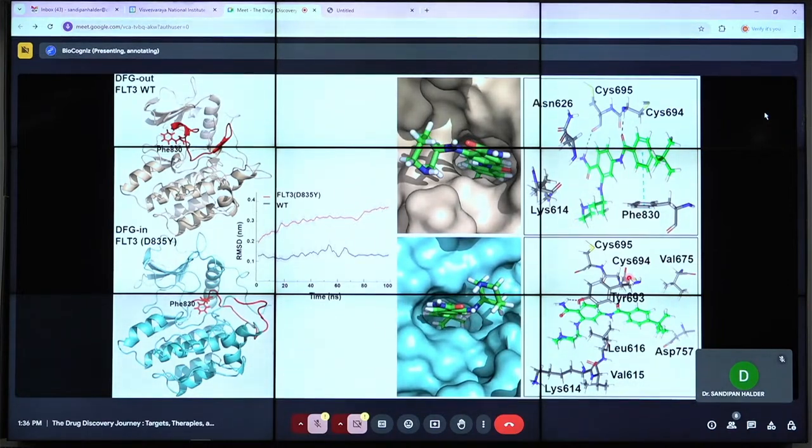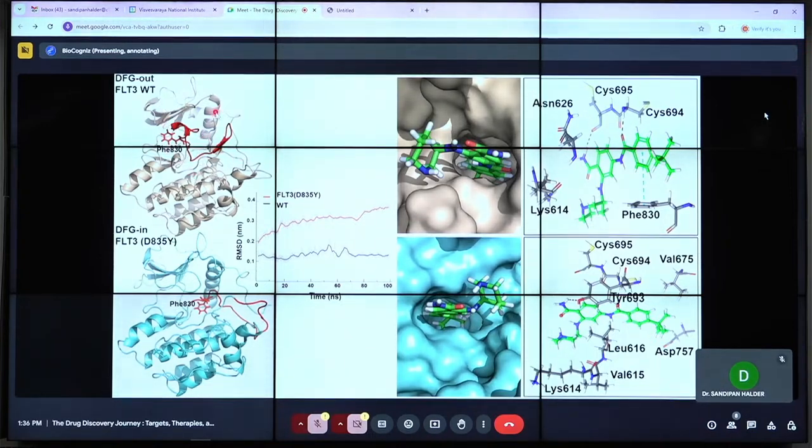In FLT3 we have used wild type and the particular mutant of our interest, D835Y, as you can see here. The wild type is in the DFG-out conformer, and the mutant D835Y is in the DFG-in conformer.